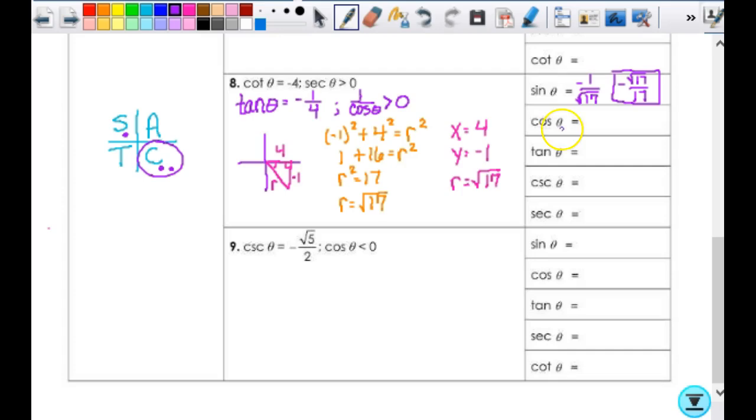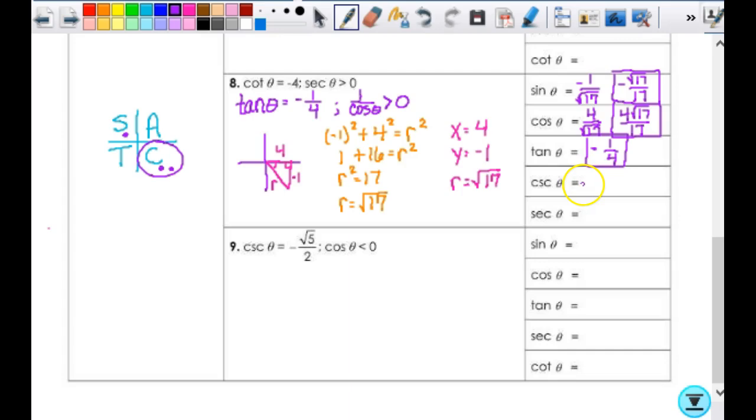Cosine of theta is adjacent over hypotenuse, or x over r. So this is going to give me 4 over the square root of 17. Again, I have to rationalize, so that'll give me 4 square root of 17 over 17. Tangent is opposite over adjacent, or y over x. So that's going to give me negative 1 over 4. And I'm done. I actually already had that because of what they gave me to start with.